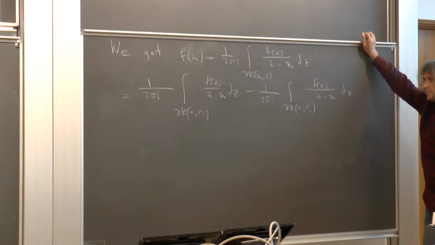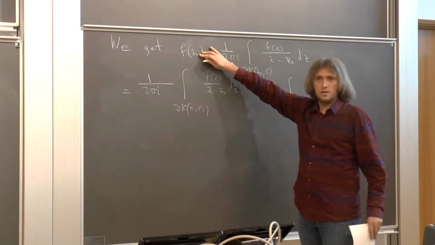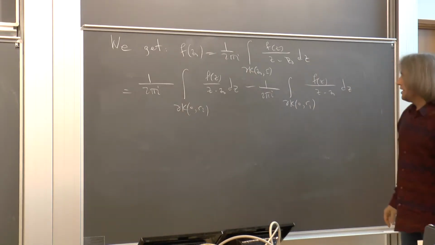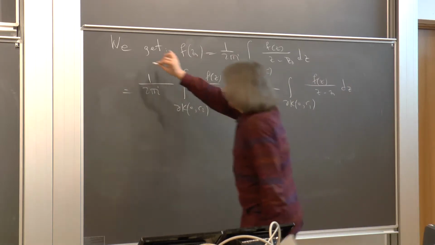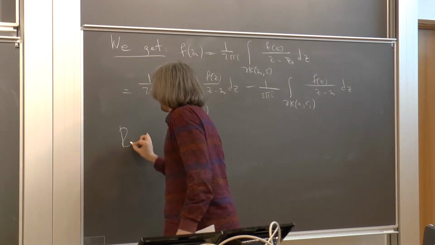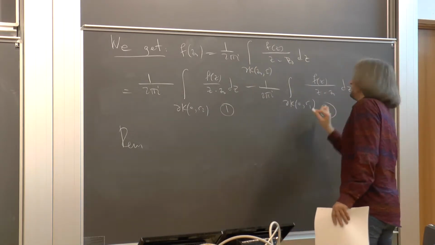Remember that our goal is to obtain the Laurent series expansion at the point a, and now it's clear what method we'll use. So remark: denote this by 1 and this by 2.